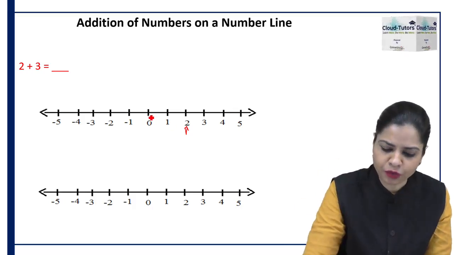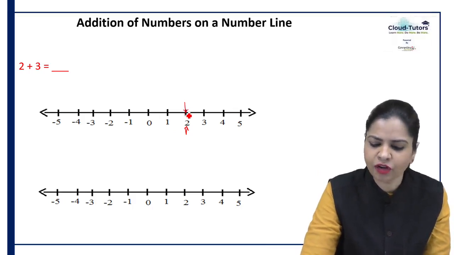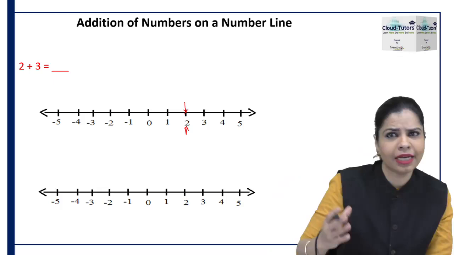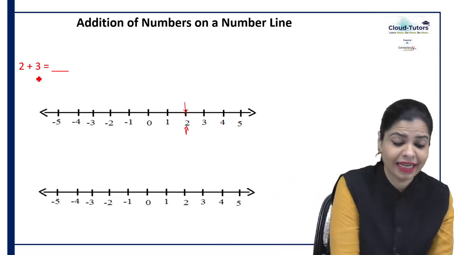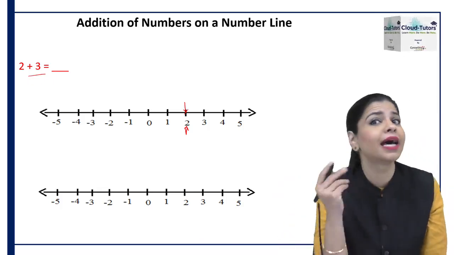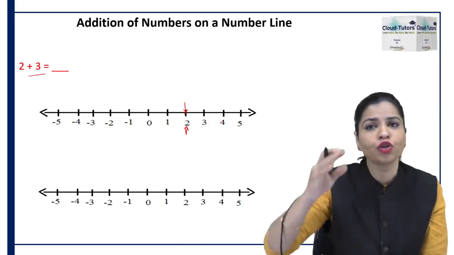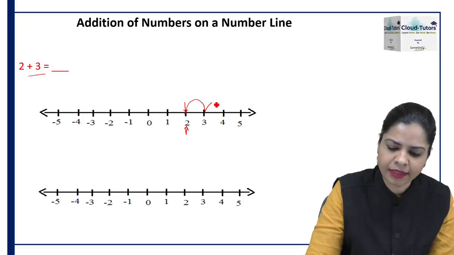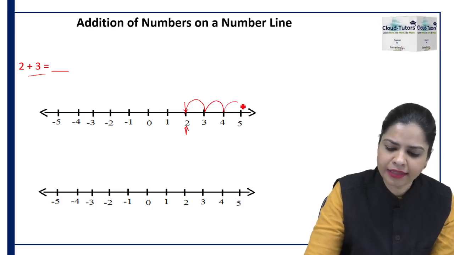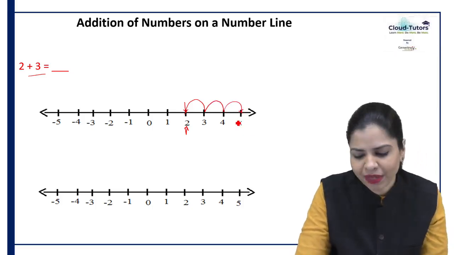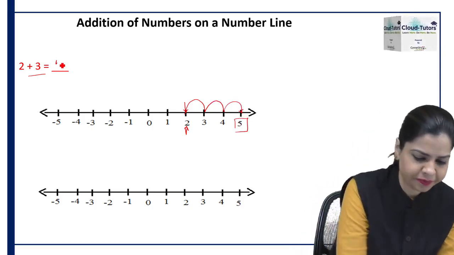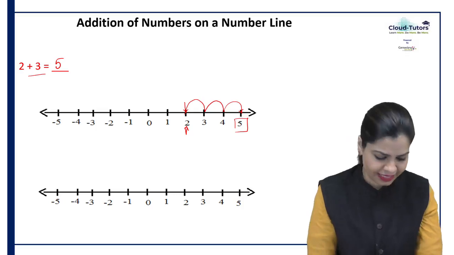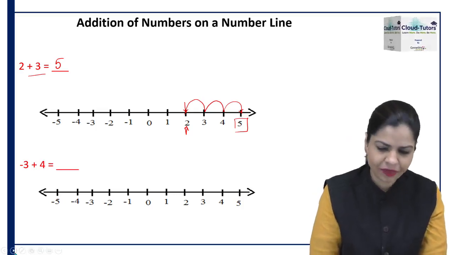We start off from 2 and jump 3 places to the left or the right. Whenever you see a plus 3, positive 3, you will go to the right. So jumping from here, 1, 2 and 3. So what is your answer now? It is 5. So 2 plus 3 is 5. Well done.